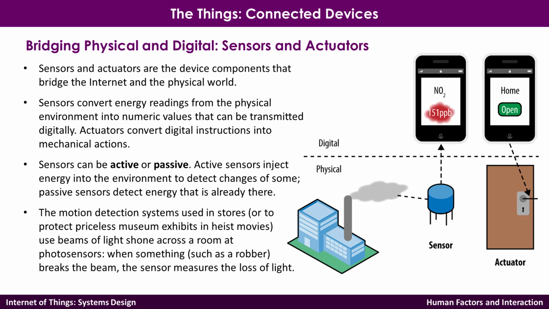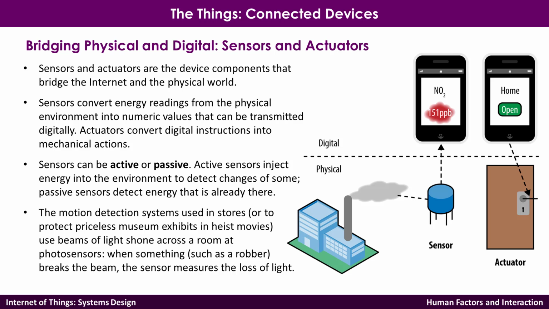When it comes to sensors, sensors can be active or passive. Active sensors inject energy into the environment in order to detect changes of the environment. On the other hand, passive sensors detect energy that is already there.